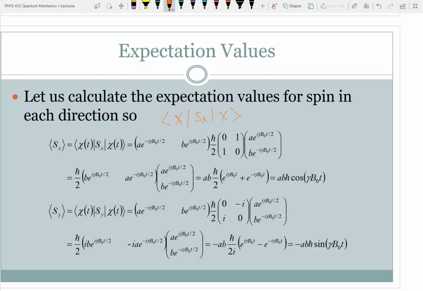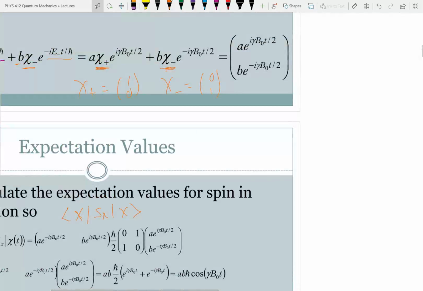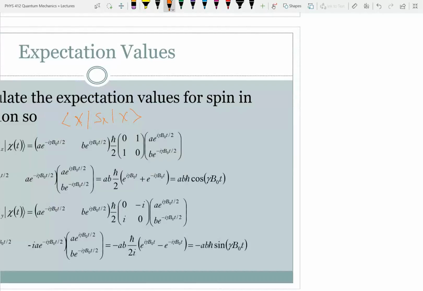And remember, chi has exponent positive i for the A term and negative i for the B term. This is something I think we had a problem with on the last test, so I'm going to do it very specifically.